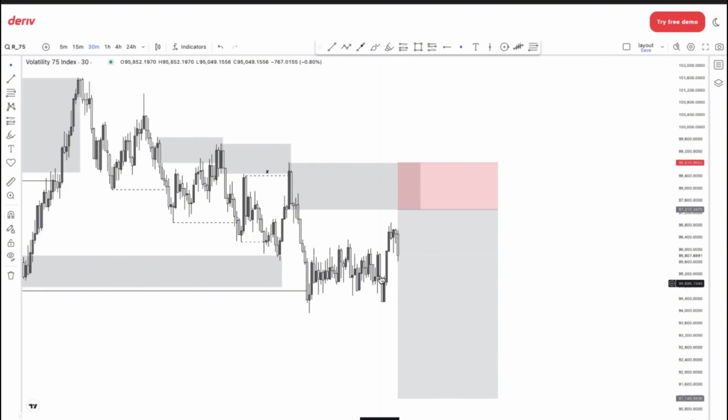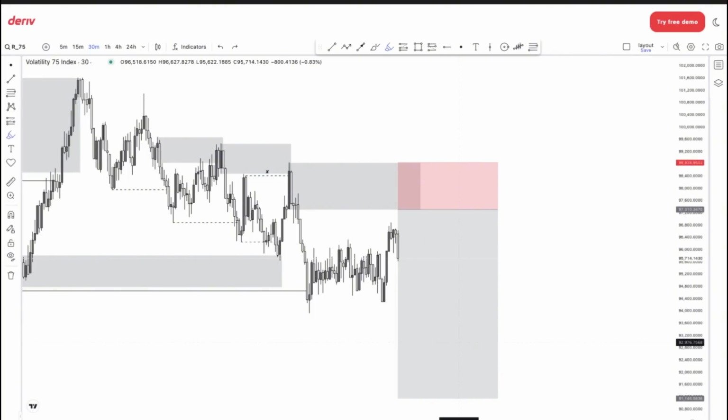Now, around this area here, as we can see, price has created that trend change, and then we are waiting for price to reverse back into this particular order block so that we can get a reaction to the downside, right? So that's what I'm currently waiting for on Volatility 75 Index.